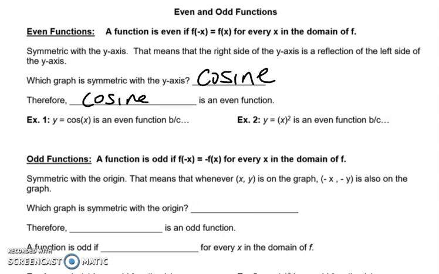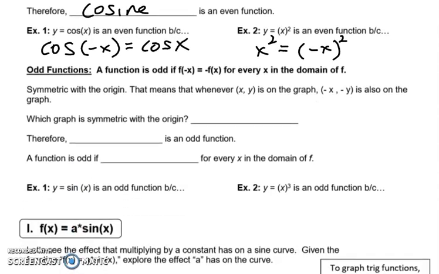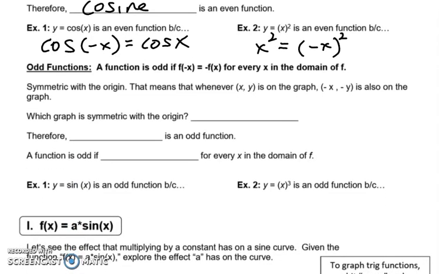Because from our previous unit, we know that cosine of negative x is equal to cosine of x, just like x squared is the same as negative x squared. You square a negative, you're going to end up with a positive. Okay? So that means that sine is our odd function.